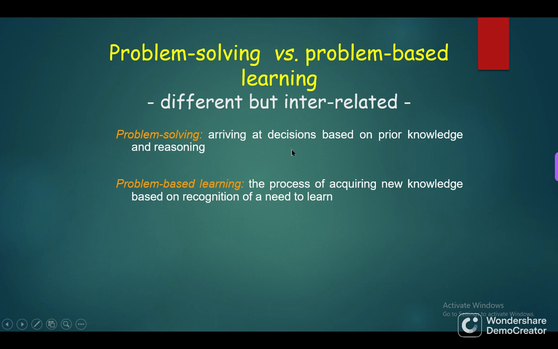If you have the background knowledge and you know how to do it, then the problem-solving terminology will be used. If you learn from one book to other books, journals, and seniors who tell you how to do it, it will take time. The differential diagnosis can be made, but the main diagnosis cannot be achieved in this learning.